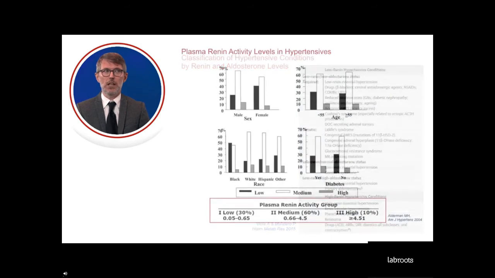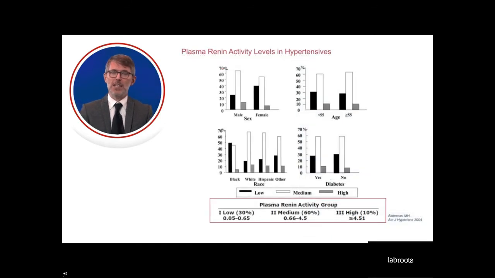John Laragh, many years ago, used renin level to classify patients with hypertension into three groups: low renin, normal renin, and high renin level. And he used this feature to address the ideal therapy for these patients.